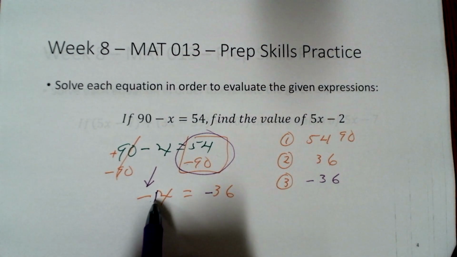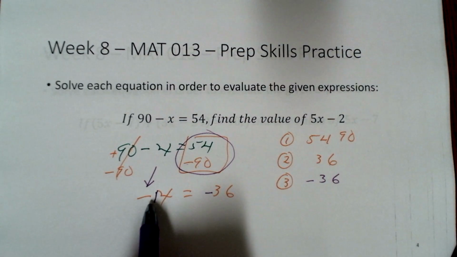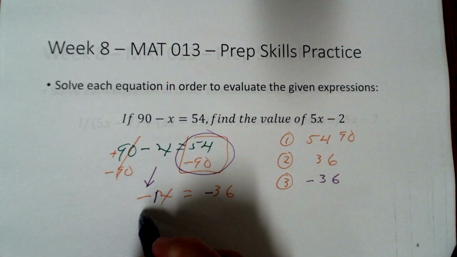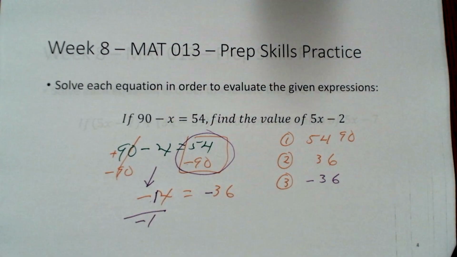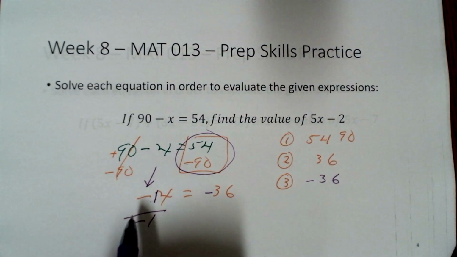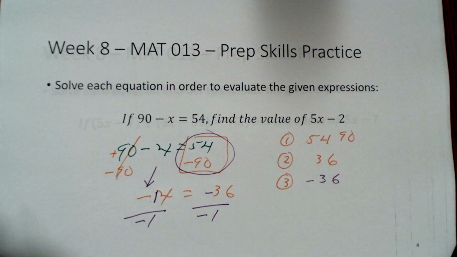Okay? So to eliminate that negative 1, because we want the variable by itself, and right now it's tied up with a negative 1, what do we do? Well, we do the opposite. This is negative 1 times x, so we divide by the negative 1. Remember, the sign, plus or minus, always goes with the coefficient. So we divide by it on that side.